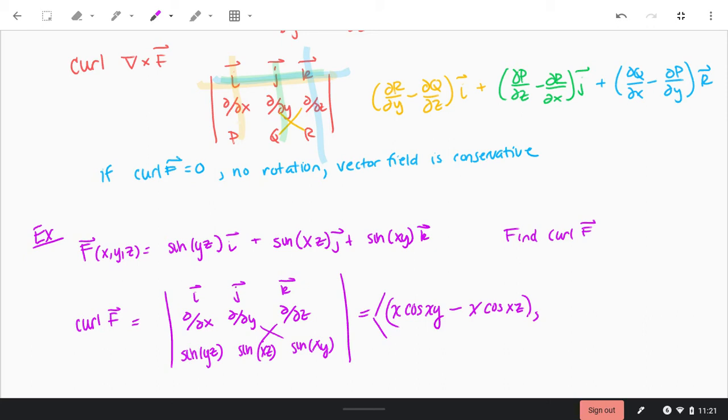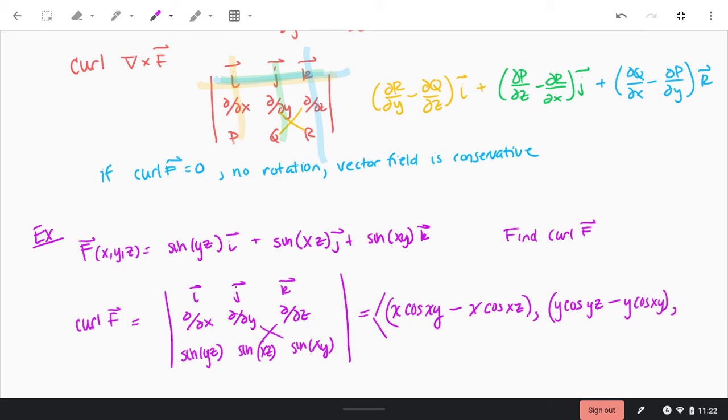Okay, and then for j, remember we're going to do it in the opposite. So we're going to do sine yz with respect to z, so that will be y cosine yz, minus, and then we're going to do sine xy with respect to what? x, so y cosine xy.